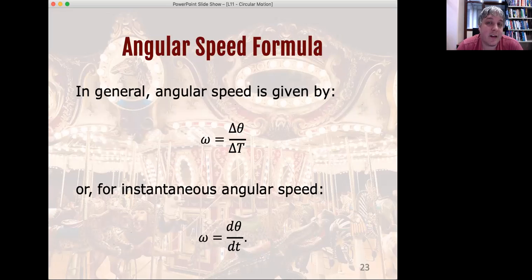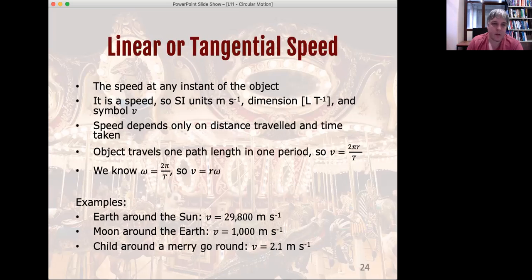For instantaneous angular speed, you may remember we don't use these formulas, but those of you with a maths background will be happy to see derivatives: d theta by dt, the rate of change of theta with respect to time. So that is the formula, but generally we're not going to go into too much detail on circular motion, so just remembering 2 pi over the period is going to be enough for this course.